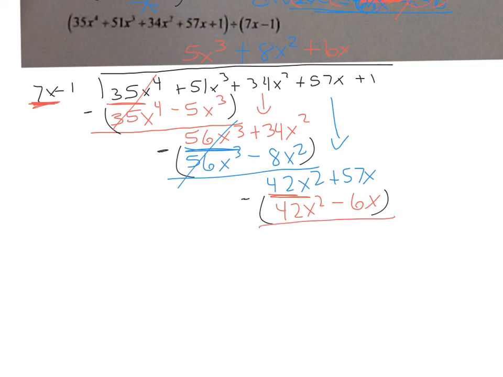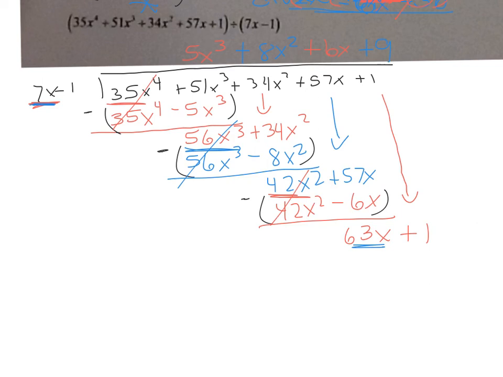So I have here 57x minus negative 6x is positive 63x. And then 42x squared minus 42x squared, well, that's 0. Bring down the plus 1. Okay, so now we have 7x times what gives me 63x, and that would be plus 9.